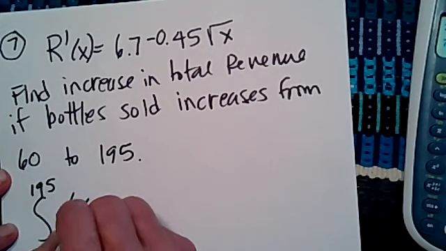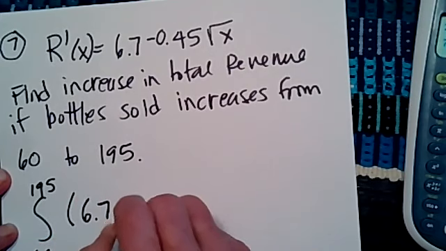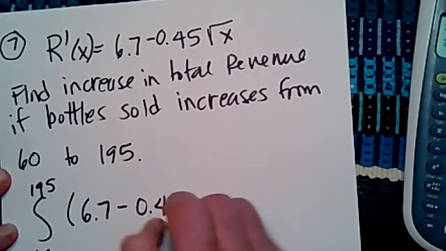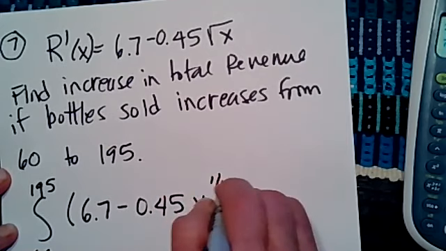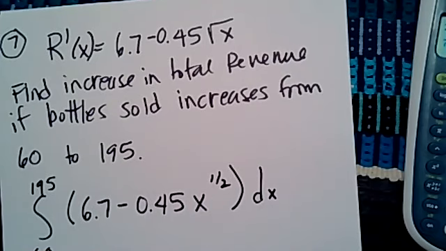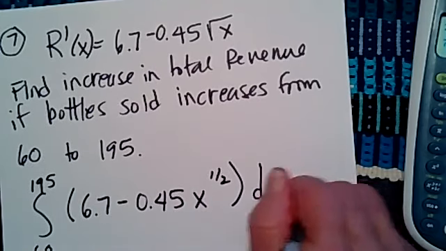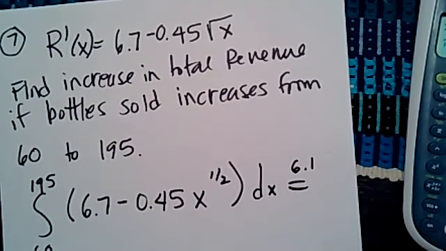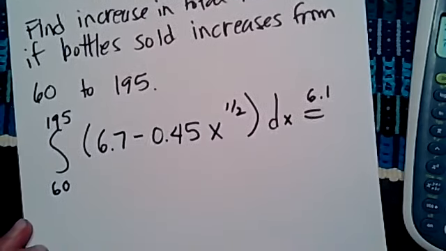marginal revenue, 6.7 minus 0.45, and that is X to the 1/2, and it's positive because it's already up. Okay, I don't have to move it up like in the last one. I had to move that X up. So again, we're going to use our 6.1 rules to find the antiderivative.